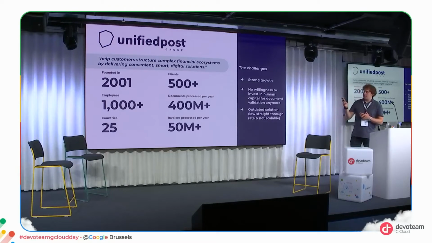So Unifiedpost actually uses Document AI to, for example, when you receive an invoice, automatically tell you, hey, this is what's on the invoice. You can immediately check it out from here, for example. They have a lot of clients. They have even more employees, and as you can see, their volume is quite high. They are at 400 million documents a year, of which 50 million are invoices. It's quite significant.